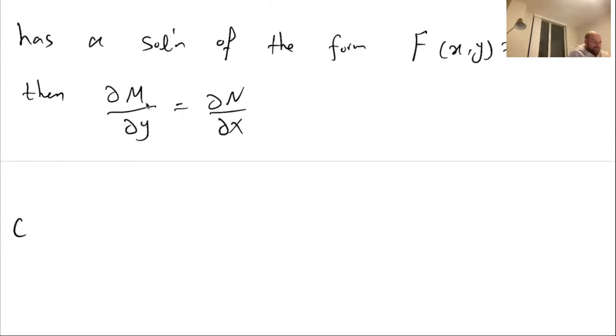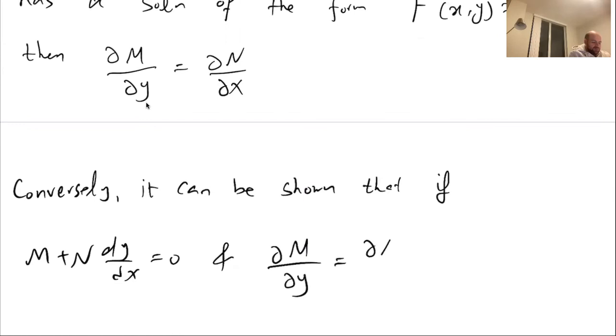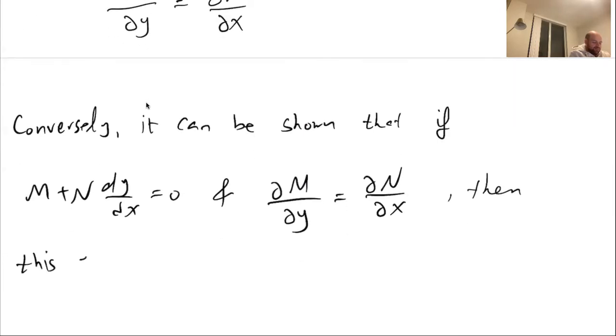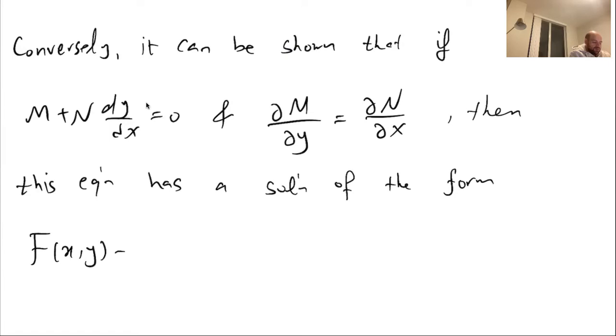Now, conversely, it can be shown that if M plus N dy/dx equals 0 and the partial derivative of M with respect to y is equal to the partial derivative of N with respect to x, then this equation has a solution of the form capital F of x and y equals c.